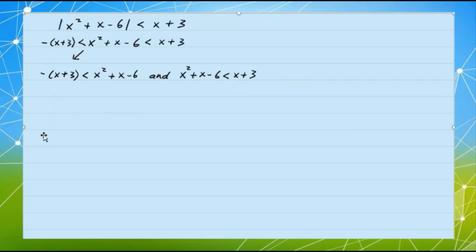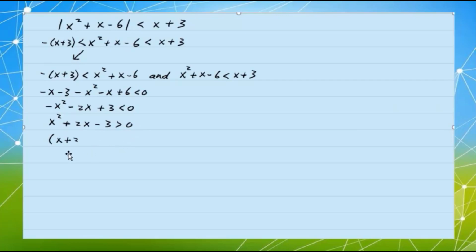Now we try to solve the first inequality. Now we shift all the terms to the left. Then we try to simplify the expression on the left, and we found that it is a negative quadratic. Now we need to change the negative quadratic to positive. So when we change negative to positive, please remember we need to turn the direction of the arrow becomes greater than 0.